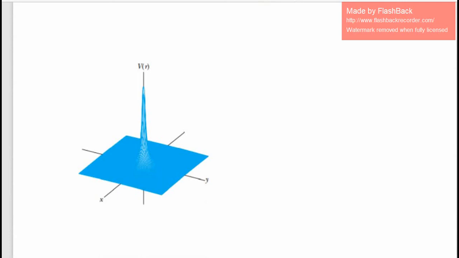Here is a computer generated plot of the electric potential V(r) due to a positive point charge. These are the x-axis, y-axis, and z-axis. The positive test charge is located at the origin of the xy plane.